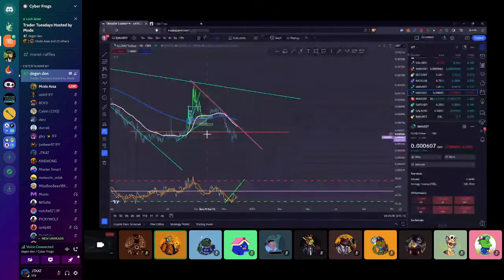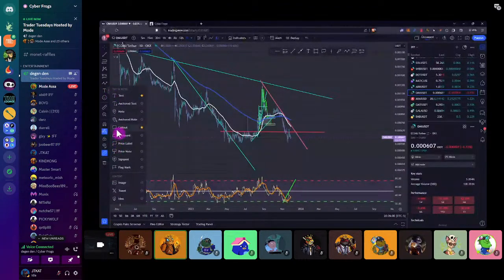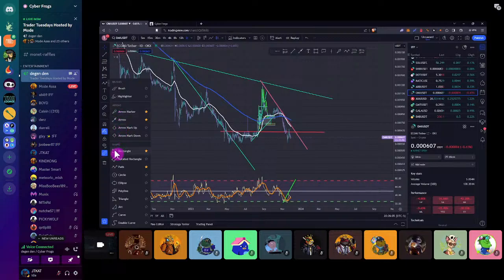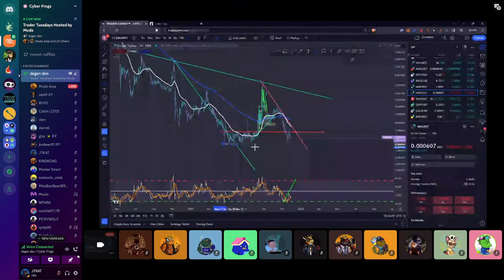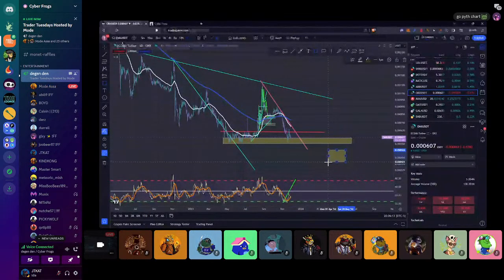Omi's still respecting that downtrend, but it has hit the baseline here once again, right where it did before. Kind of right through here.